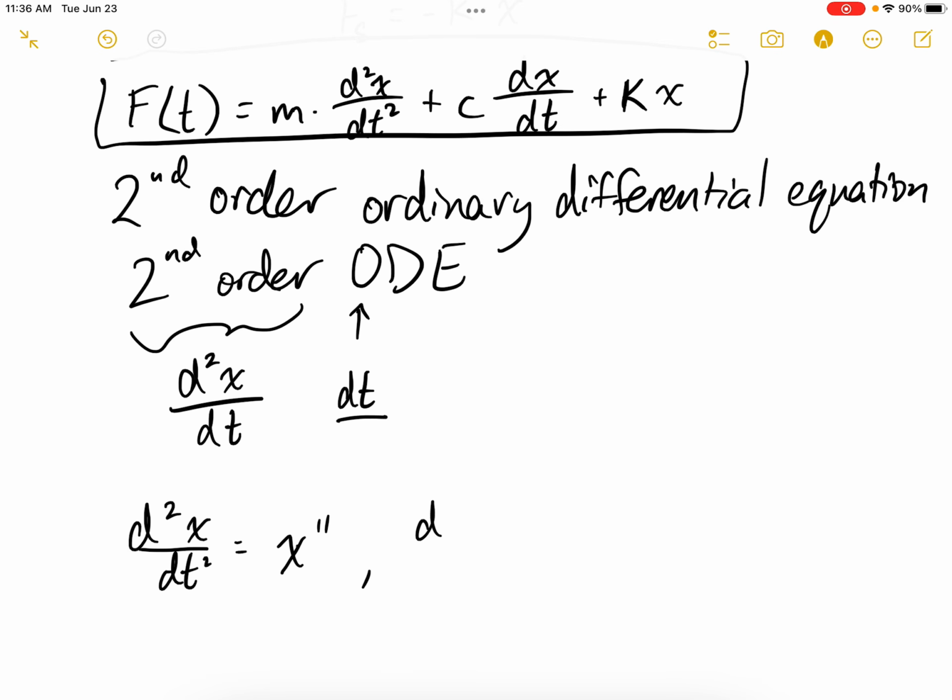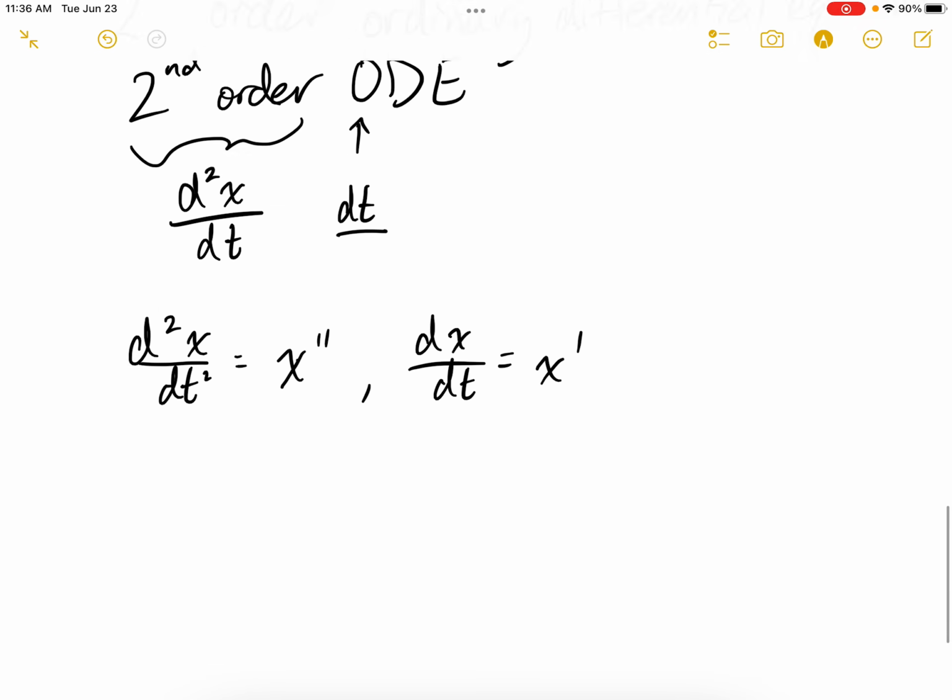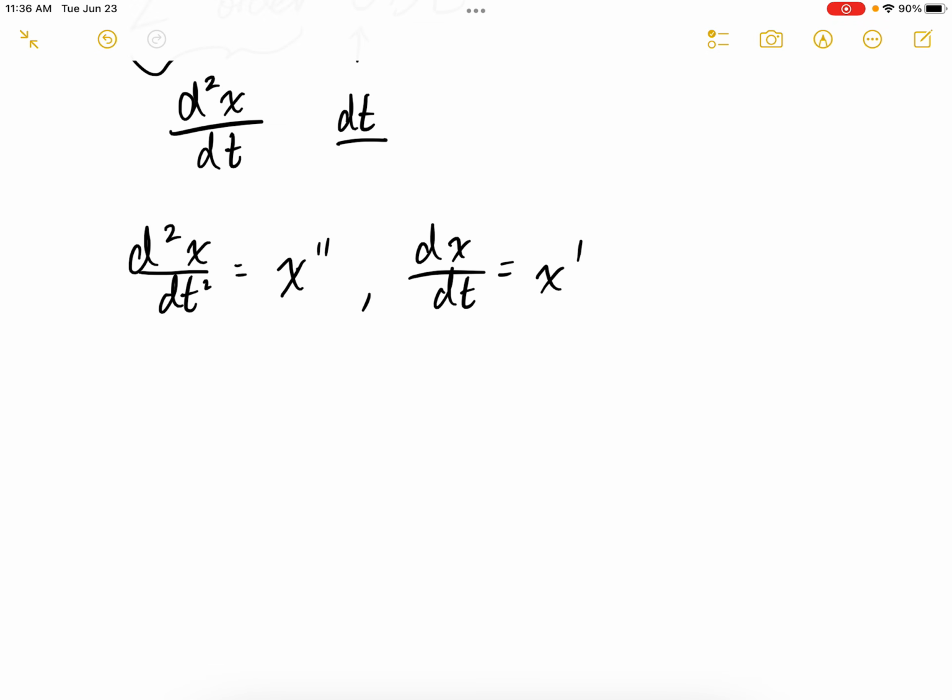And let's say that dx dt is equal to x prime, therefore, right? So if we just change all the constants to arbitrary constants, then we actually have a x double prime plus b x prime plus c x is equal to some function g of t, right? So I'm just replacing all these with arbitrary functions and constants.